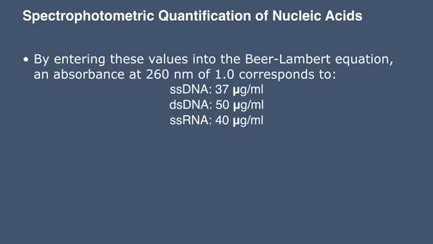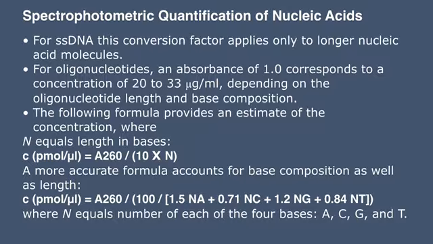By entering these values into the Beer-Lambert equation, an absorbance at 260 nanometer of 1.0 corresponds to single-stranded DNA 37 microgram per milliliter, double-stranded DNA 50 microgram per milliliter, single-stranded RNA 40 microgram per milliliter. For single-stranded DNA, this conversion factor applies only to longer nucleic acid molecules.